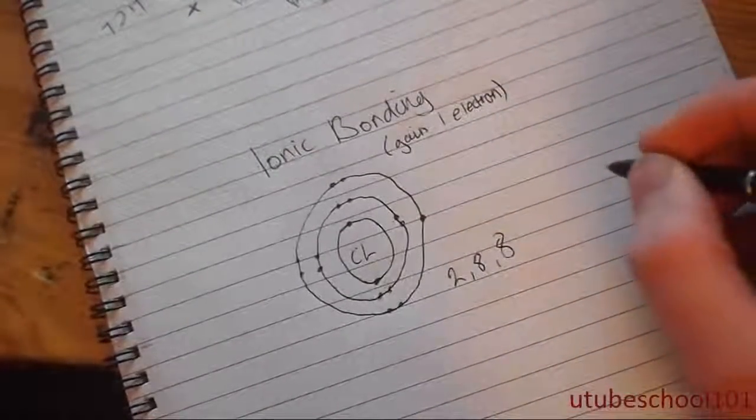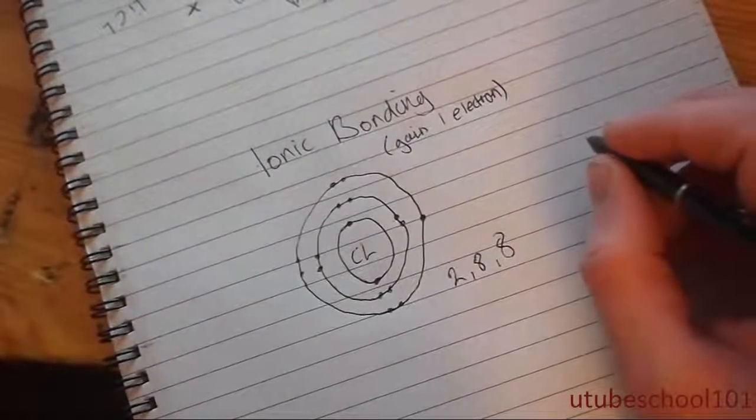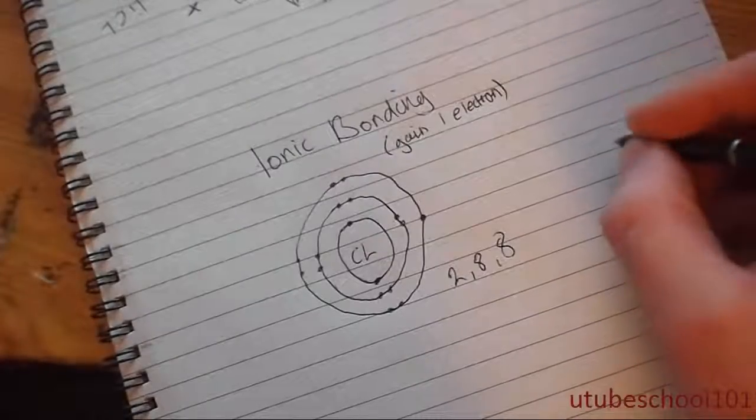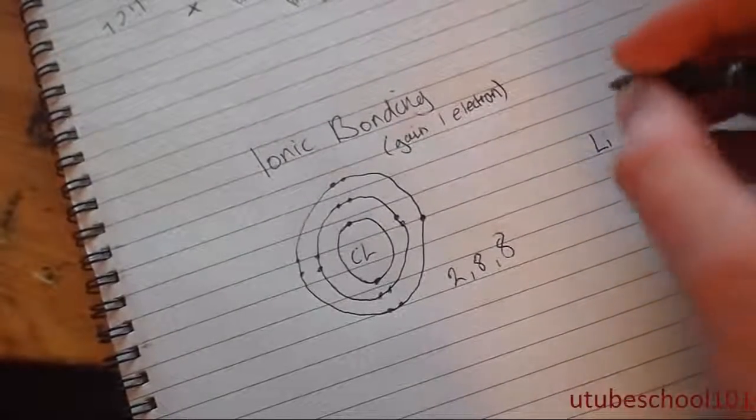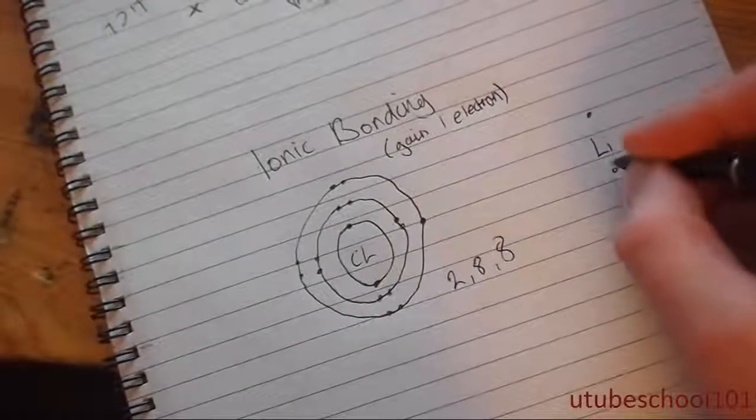So let's draw another element which is very reactive with chlorine, and I'll explain why it is very reactive. So let's draw lithium. Lithium has 3 electrons.